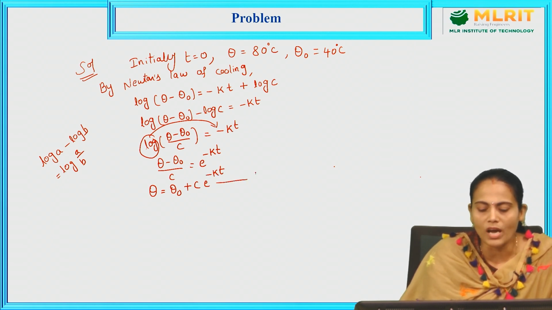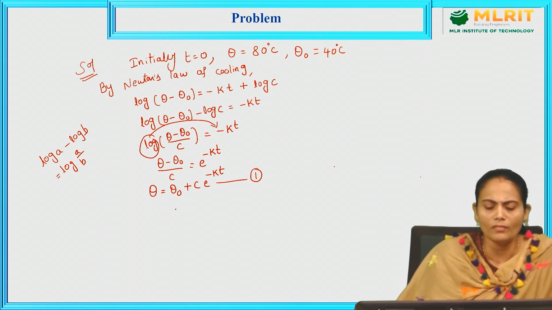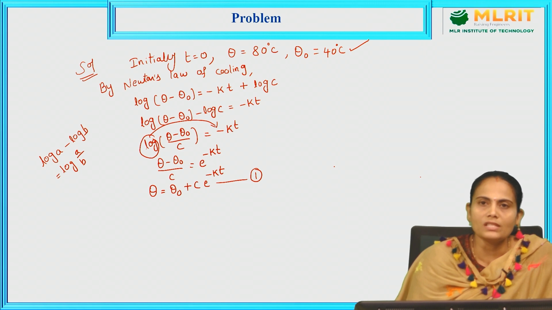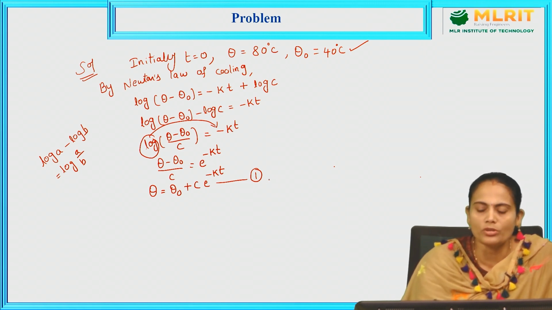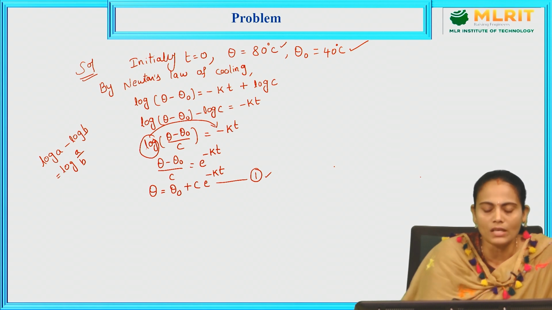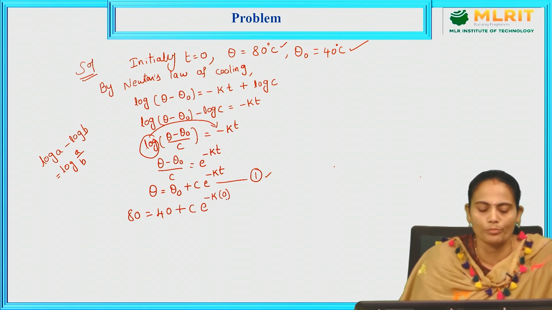So now take this formula as equation 1. First you have to take the initial conditions, and substitute these initial conditions in the first equation. What is the theta given? 80, right? So 80 is equal to theta naught, which is 40, plus c into e power minus k into the time, which is 0.